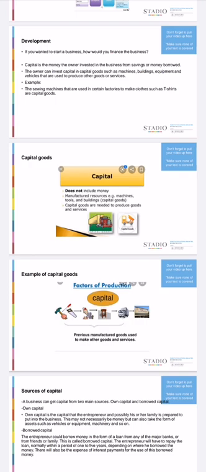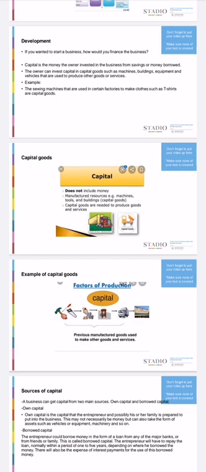Capital is the money the owner invested in the business from savings or borrowed money. The owner can invest capital in capital goods such as machines, buildings, equipment, and vehicles that are used to produce other goods and services. This basically means that the owner does not have to just invest capital.